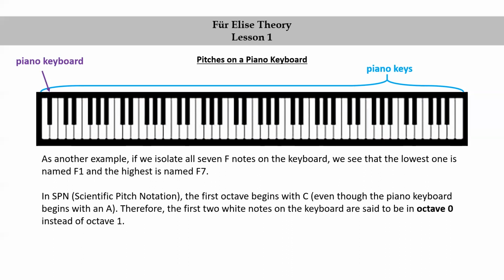The first two white notes on the keyboard are said to be in octave 0 instead of octave 1, right? So that very first note all the way on the left of the piano keyboard is A0, followed by B0. And then the next white note starts octave 1 at C1.